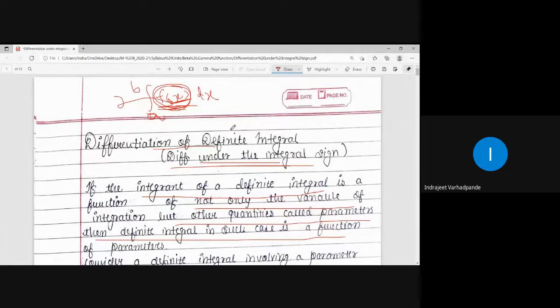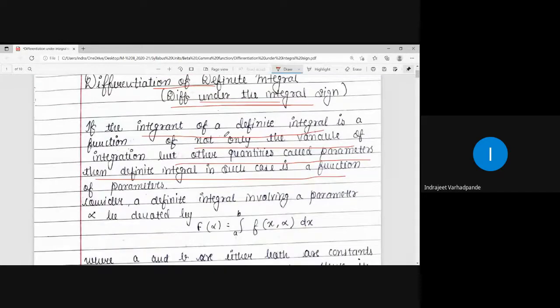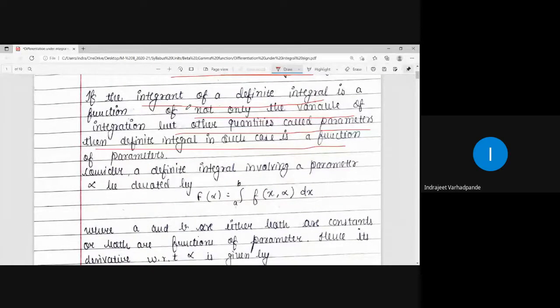A parameter is usually treated as a scalar quantity, a different kind of constant, right? So whenever this definite integral is a function of not only one variable but other quantities called parameters, we say that the definite integral in such a case is a function of parameter.